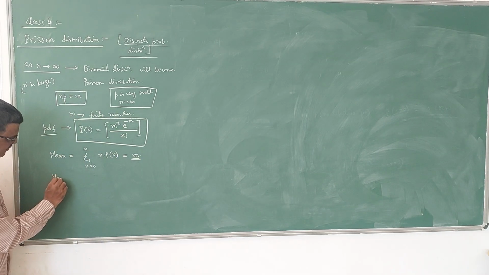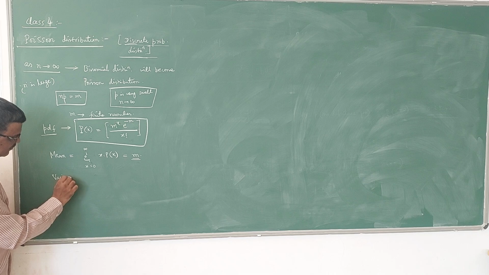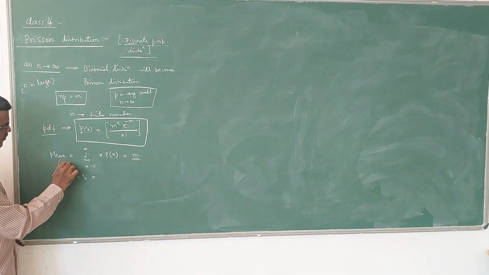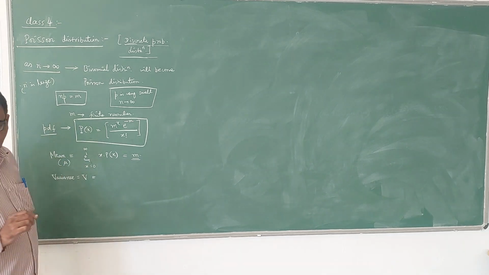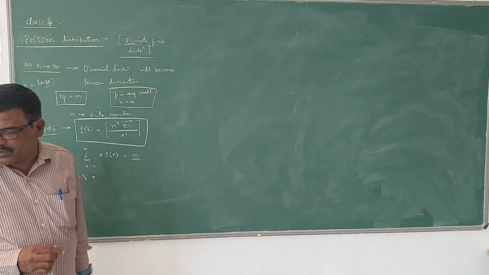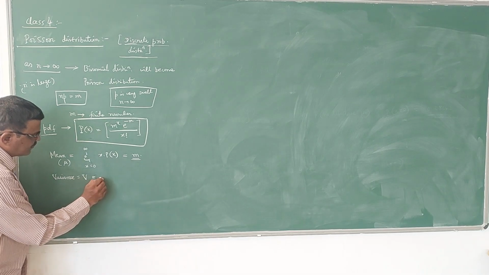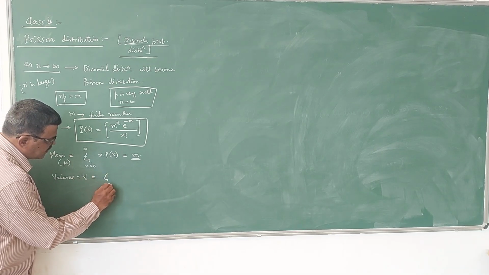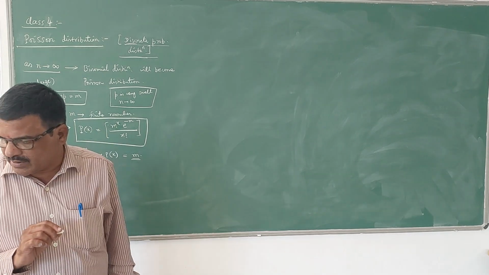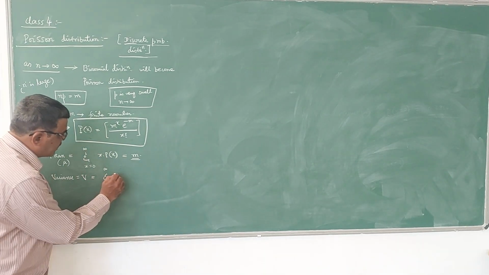Similarly, the variance v is given by sigma x is equal to 0 to infinity x square p of x minus mu square.